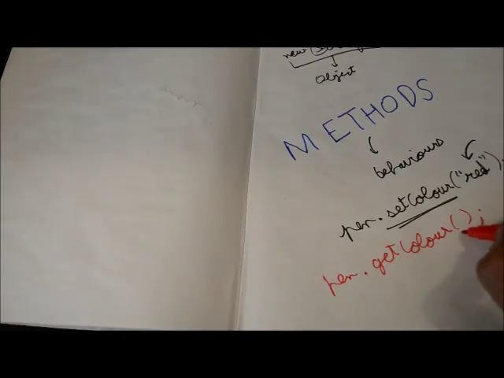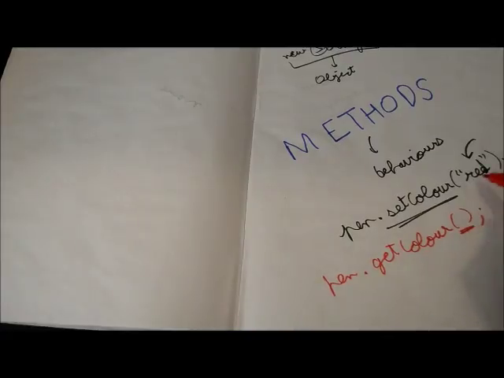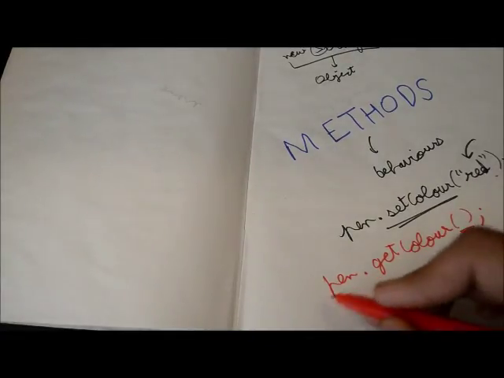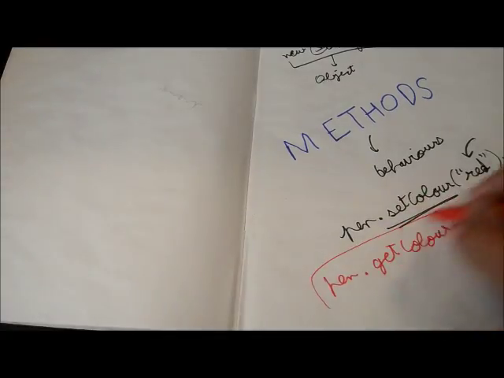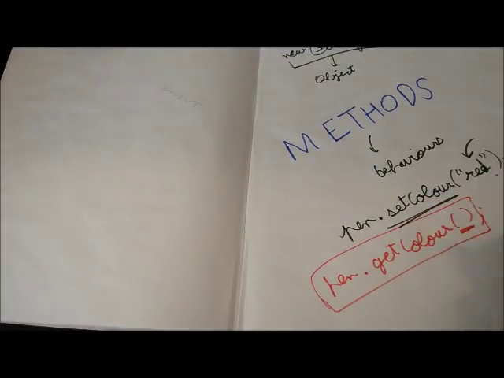Now we always use these brackets after a method just to keep it uniform because some methods take an input. Alright, so whenever we write pen dot get color, it replaces that with whatever the color is right now, which is red.